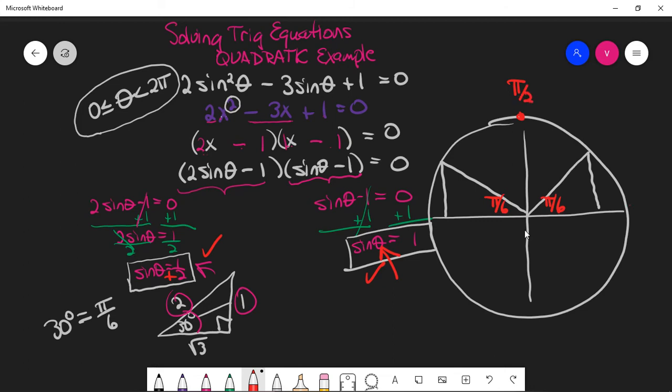Sine is 0, then goes down to negative numbers below this x-axis. So this is it right here at 90 degrees or pi over 2. And what is this one? Pi over 6. That's the other one. So there are two answers for when sine equals 1/2, and there's one answer for when sine equals 1. That is it.